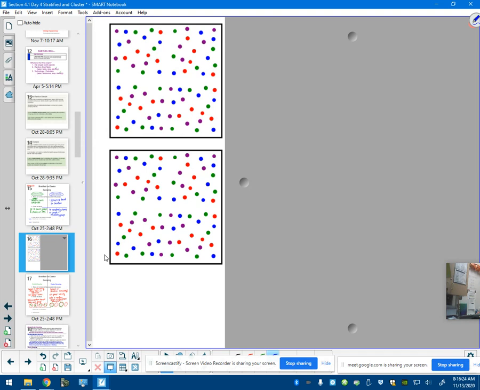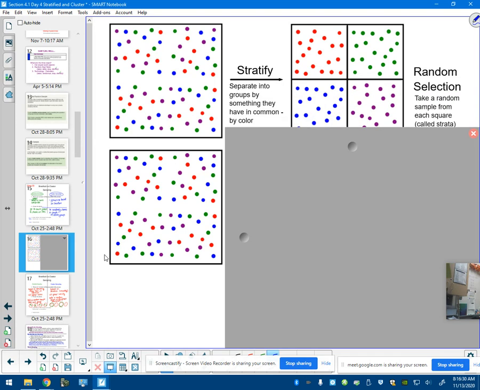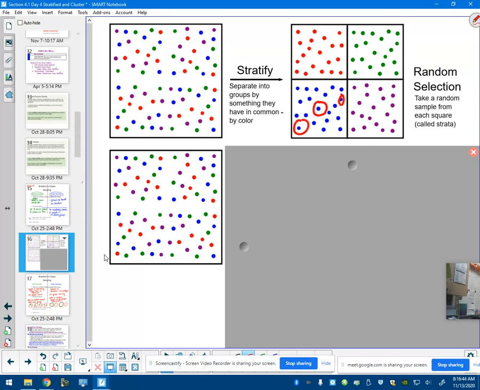Okay? For stratified, you're going to put all the red dots together, all the blue dots, all the green dots, and all the purple dots. So you're separating them by something they have in common. And then you're going in here and saying, okay, I'm going to pick 3 from this randomly.